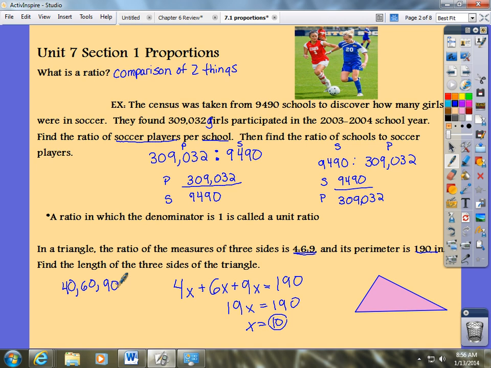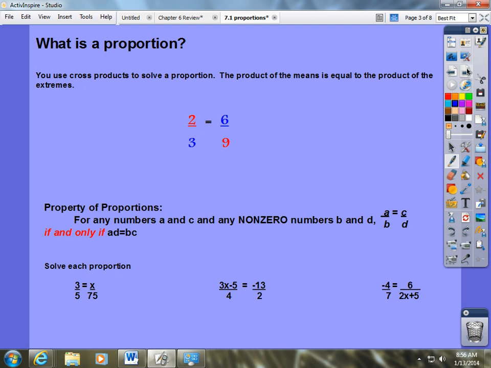Ain't that nifty? Okay, what is a proportion? A proportion is simply comparing two ratios. Two equal ratios. And you're going to use cross products to solve this. Cross products just means we're going to kind of do a butterfly thing here.